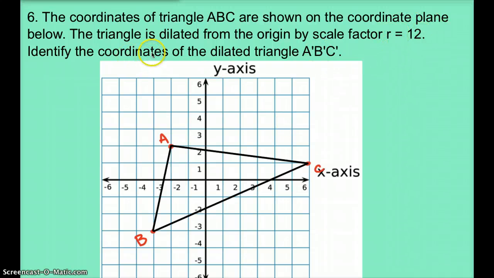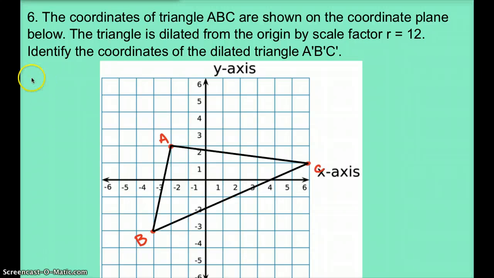Identify the coordinates of the dilated triangle A prime, B prime, C prime. So, because the scale factor is 12, it's getting 12 times bigger. There's not enough room on the coordinate plane to draw the new shape, so we're just going to name what the points would be. So remember, before we can figure that out, we need to know the ordered pairs of each of these 3 points.